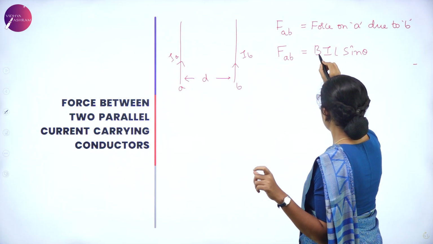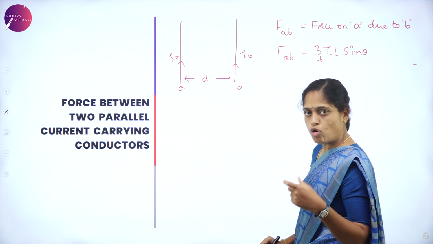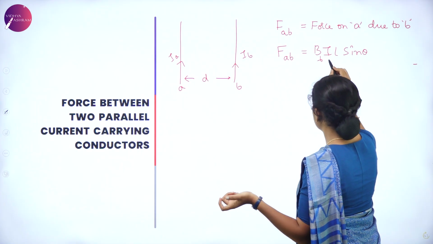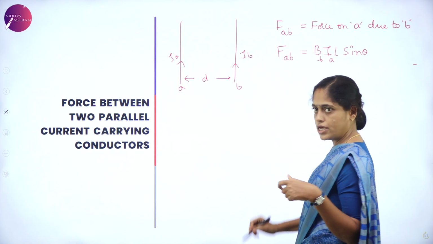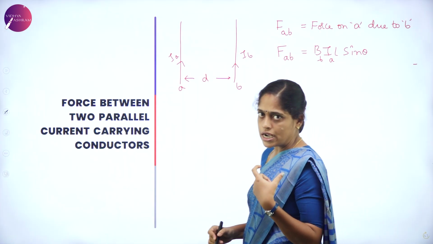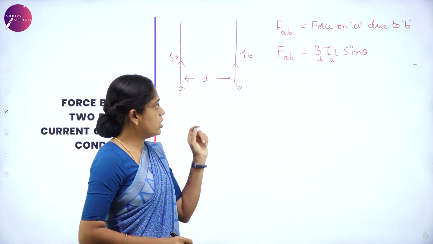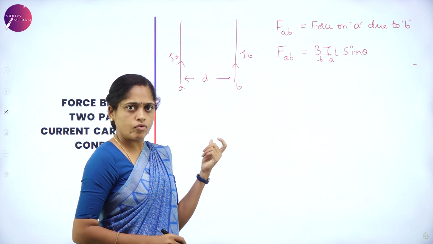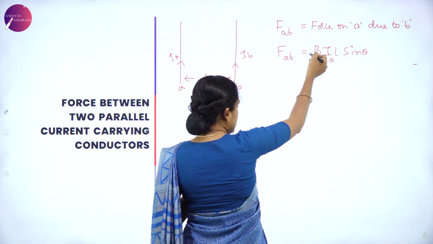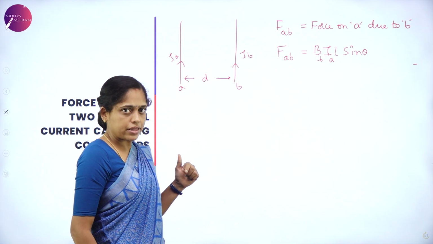The magnetic field of B is creating the force and the current I is in the wire A, and L is the length of the conductor. As force is a vector quantity, in the magnitude we have to consider sine theta. So this B in the expression is always an external magnetic field.